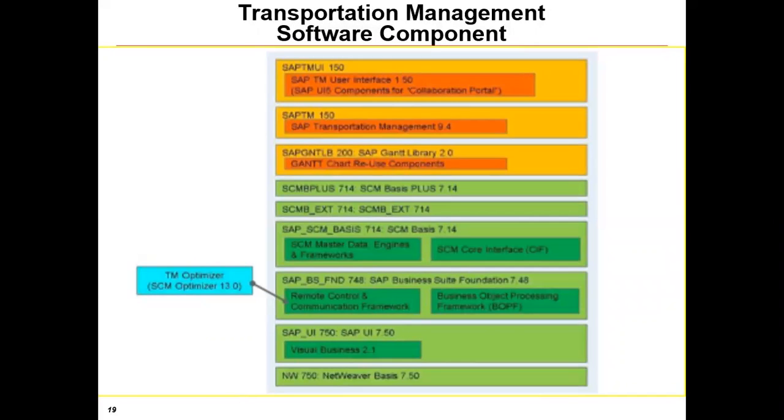Now we have a particular software component. So TM has one UI, that is the user interface, to work with the transactional data more efficiently and more quickly, with a very short response time. Okay, very quick.